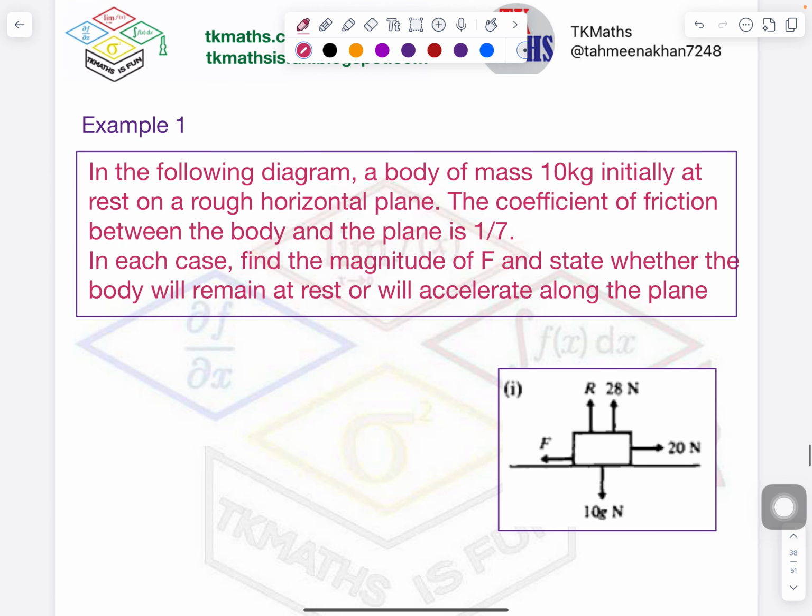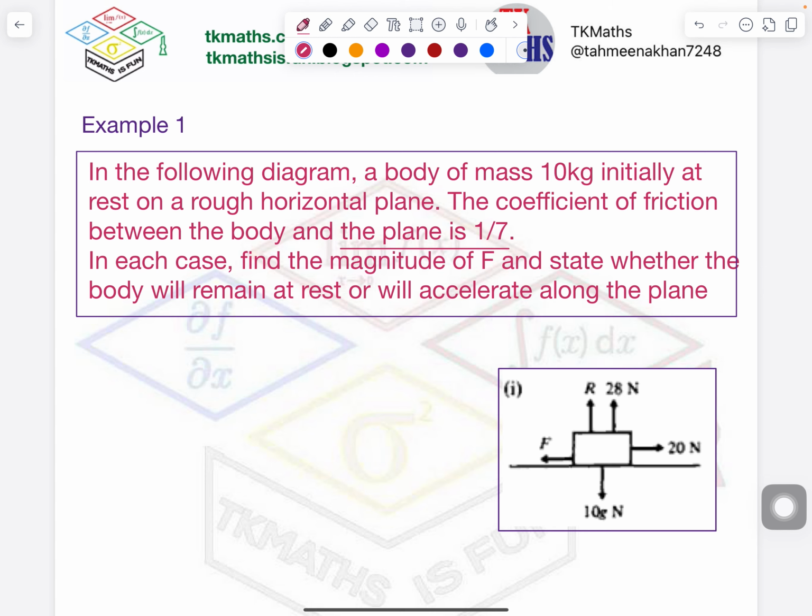So I'll start solving this problem, which is on a horizontal surface, and the force applied on it is 20 Newton. The coefficient of friction between the body and the plane is 1/7. The coefficient of friction is mostly between 0 and 1, but there are cases when it is more than 1 also. In our cases, mostly it is between 0 and 1.